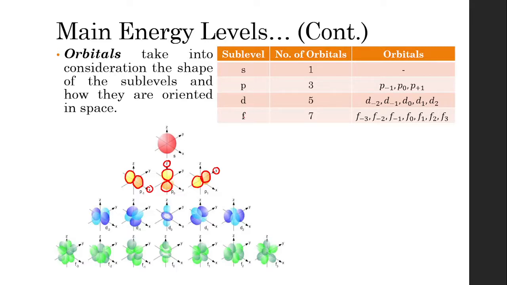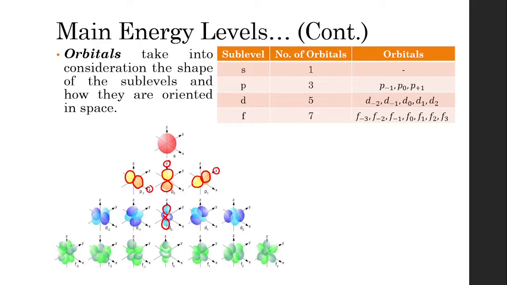For the d level, remember for d, you have 4 lobes. So this lobe right here is along the z direction, and as you can see, it looks like a circle because no matter where you rotate it, it's just along the z direction.